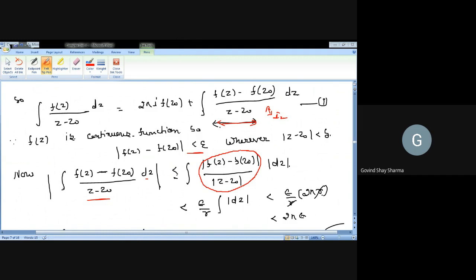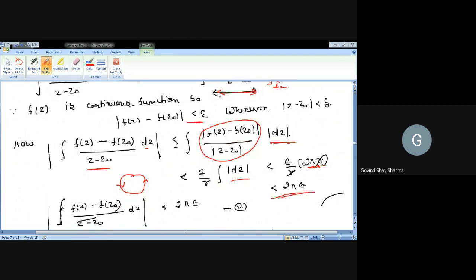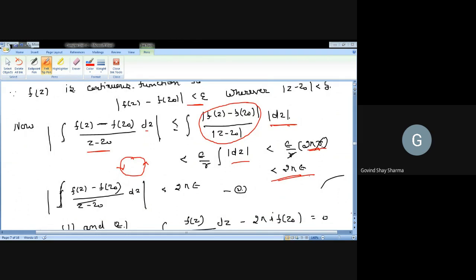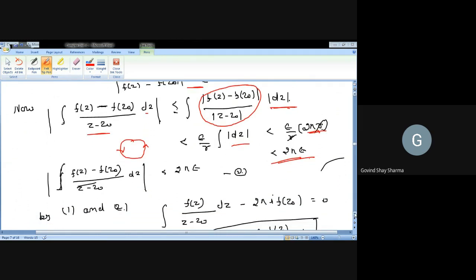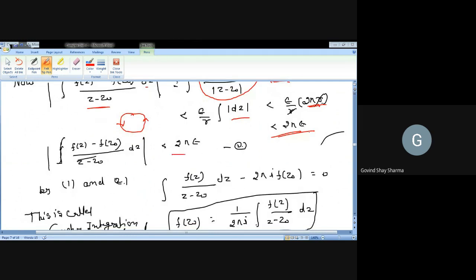Now dz is the boundary of a circle with radius r, so we can take it as 2 pi r. It converts to less than 2 pi epsilon.